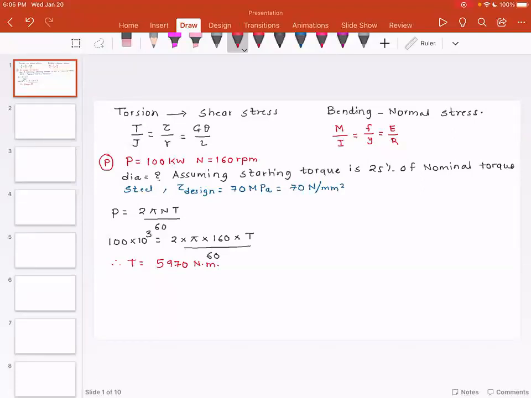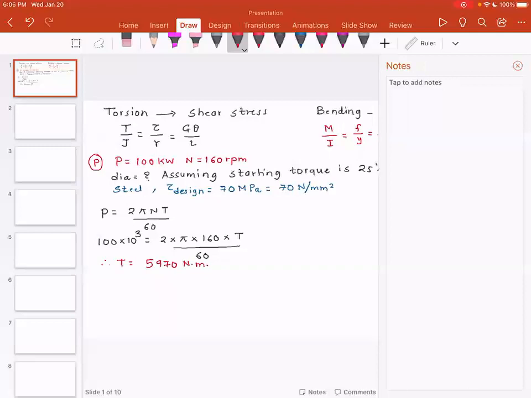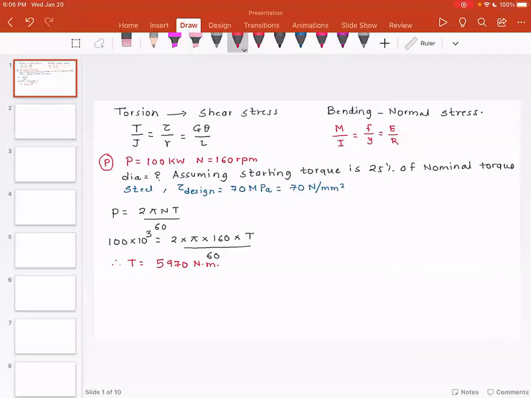Please note, this is a large torque. This is the torque that is applied in steady state. So this is the nominal torque or the mean torque. So what is this starting torque? If you think about it, usually the shaft is between an engine, so this is an engine, and then there is a pump.